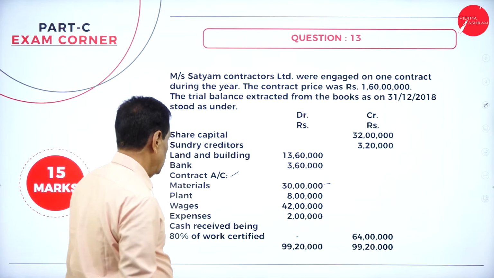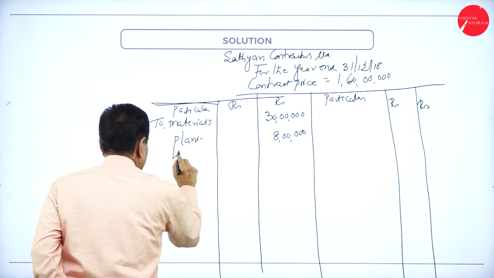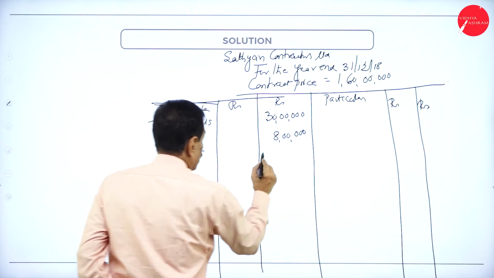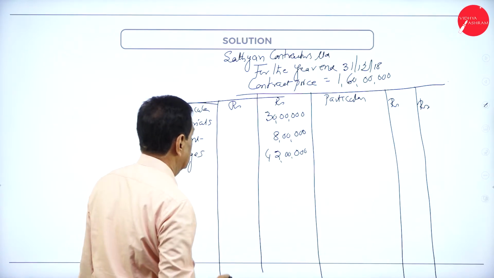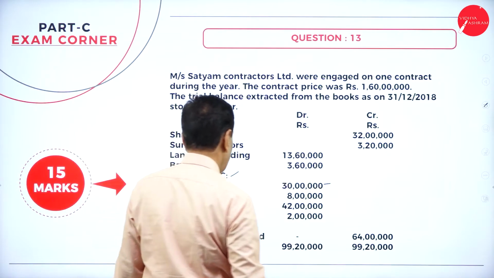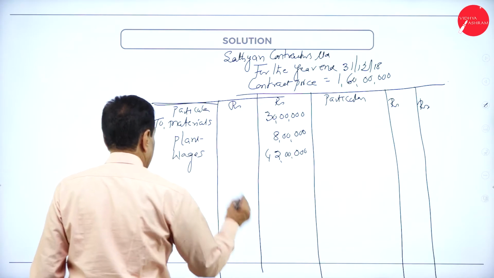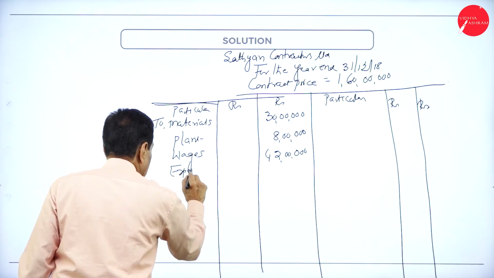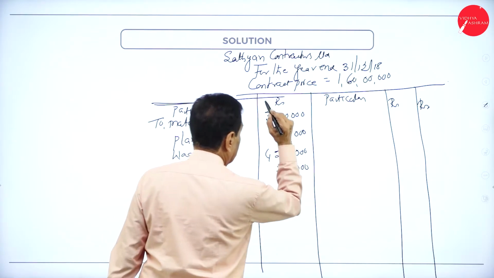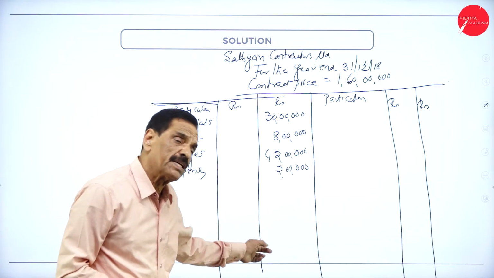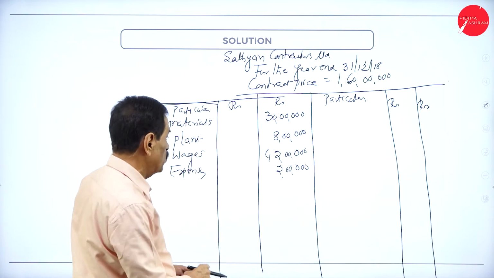What is the next one? Wages, 42 lakh. Then expenses, 2 lakh. All these contract expenditures you have to put on the debit side: material cost 30 lakh, plant value 8 lakh, wages 42 lakh, expenses 2 lakh.